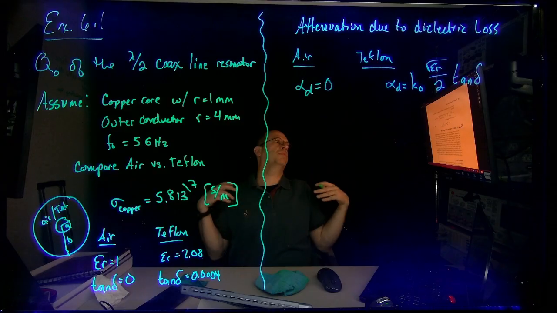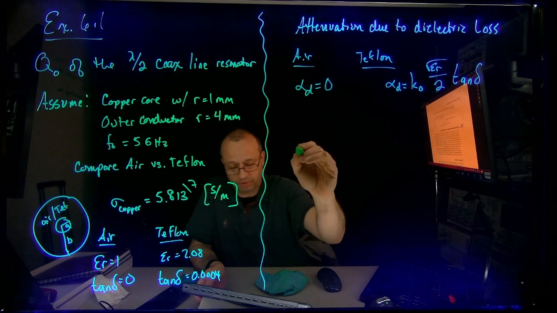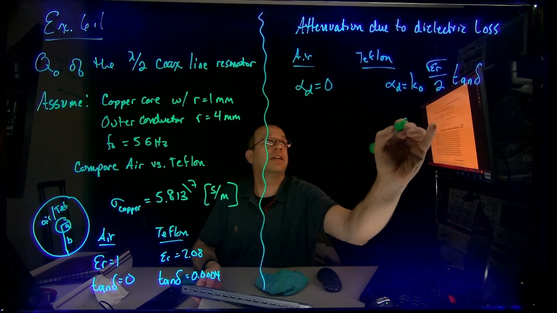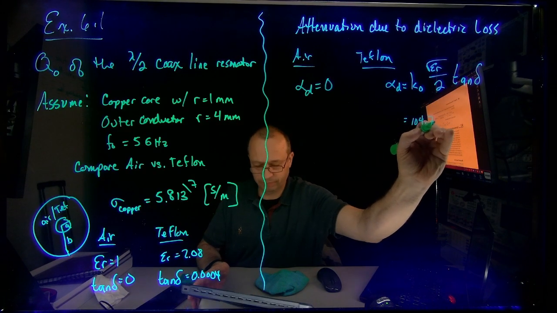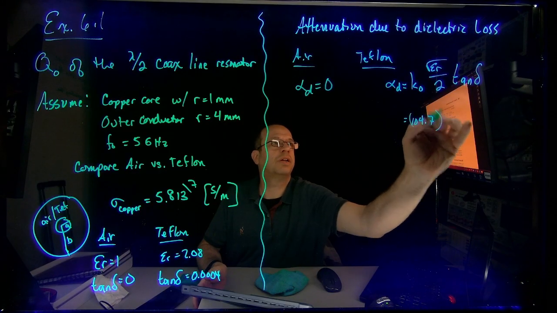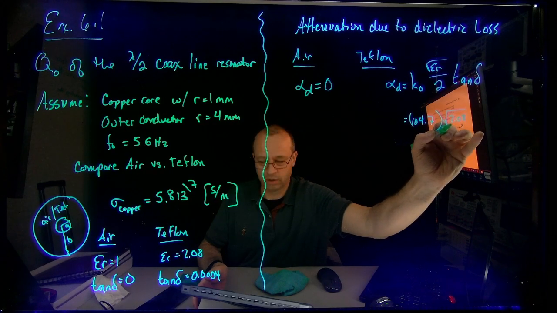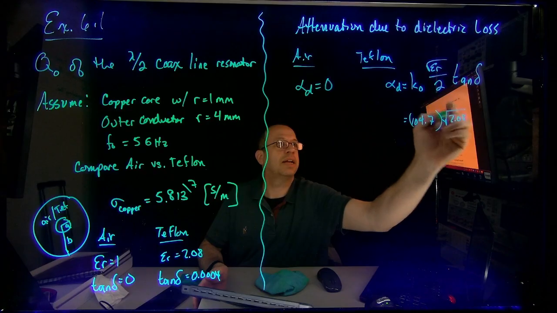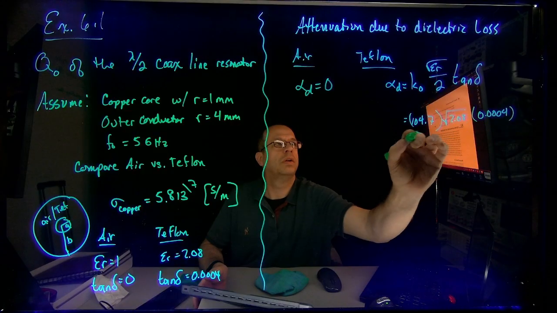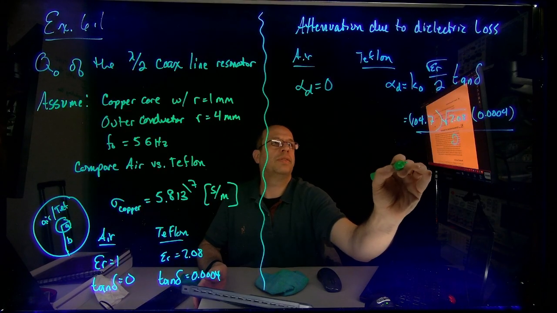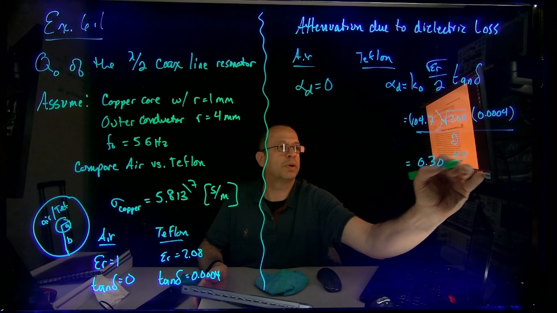If we remember this from what we did a few weeks ago, that was the equation we came up with, and see, we did need it. So then this is equal to k naught, which is 104.7, times the square root of epsilon R, 2.08, times tan delta, which is 0.0004, all over 2. And then this equals 0.030, and this is in Nepers per meter.